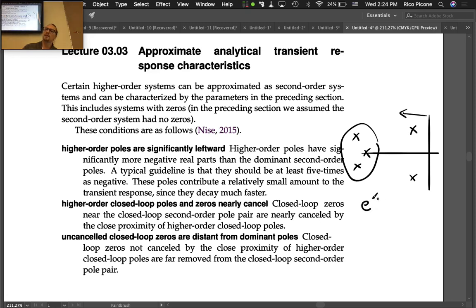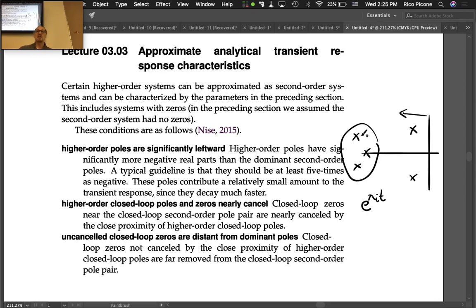Remember, these poles are going to govern the exponent in the homogeneous solution. These exponential decays, if it's stable, are going to decay with a rate associated with the real part of the poles.